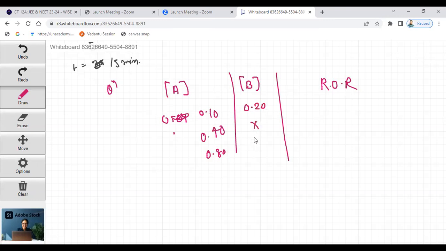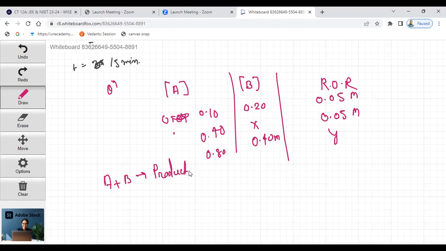This value will be X. This value will be 0.40 capital M. The rate of reaction will be 0.05 capital M. This value will be Y. And in the question, it is given that A plus B forms product.